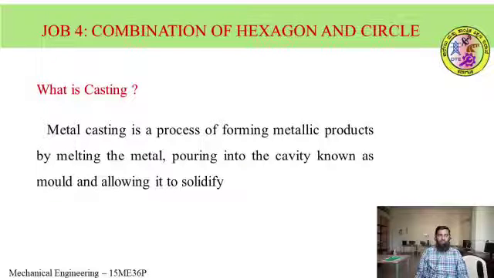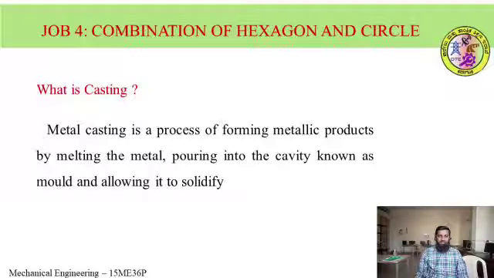What is metal casting? Metal casting is a process of forming metallic products by melting the metal and pouring this molten metal into the cavity of desired shape.